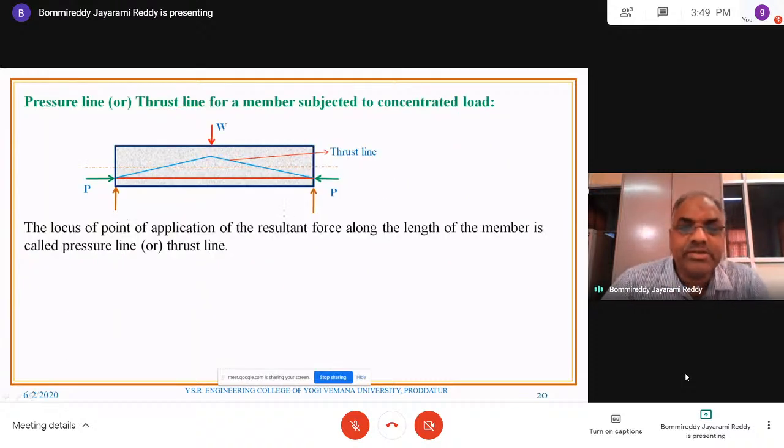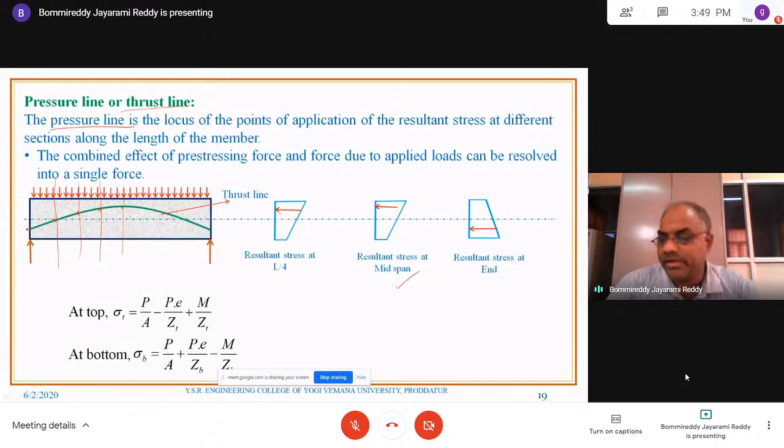Now, the pressure line or thrust line for a member subjected to uniformly distributed load. In the previous diagram, you can look at here. Since it is uniformly distributed load, the bending moment diagram is a parabola. And the bending moment M varies parabolically.